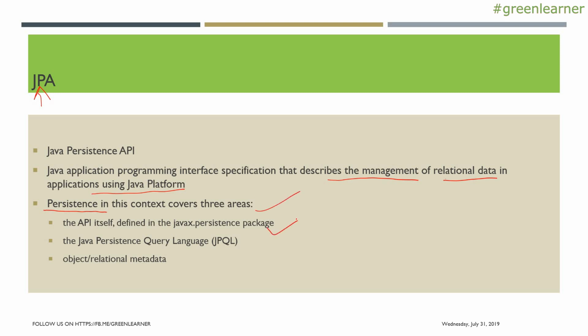First, the API itself, which is JPA; the specification that a particular API is implementing; and the Java Persistence Query Language, which is to query the database, and the object relational metadata that is used to interact with the database when querying the database. Okay, so this is the short introduction about JPA.